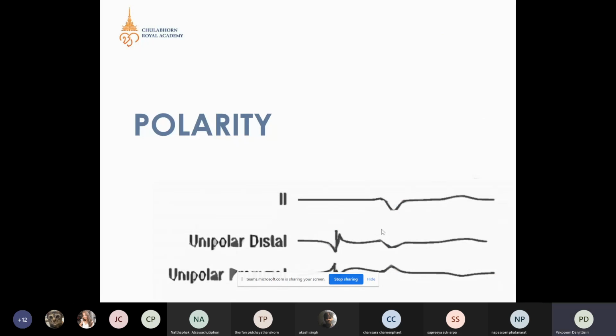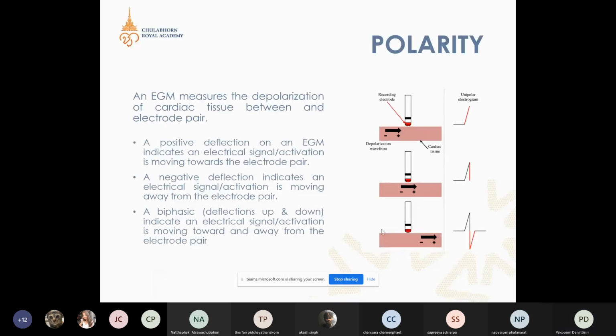The final one for the electrode, we are going to talk about the polarity. An electrogram inside of the heart measures the depolarization of cardiac tissue between an electrode pair, right?